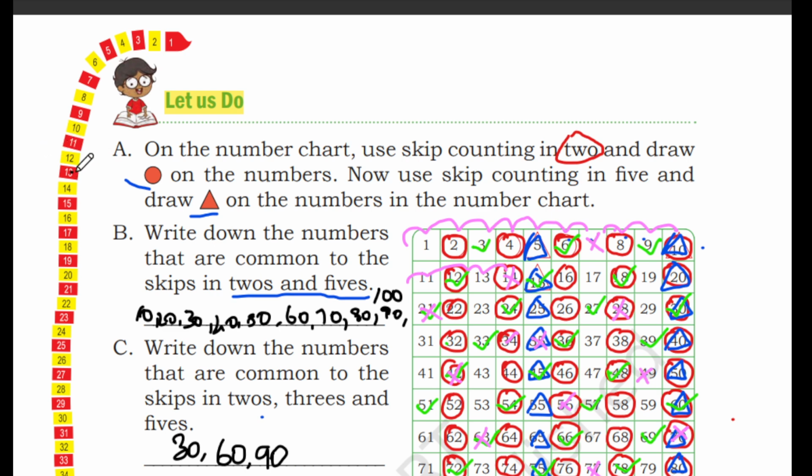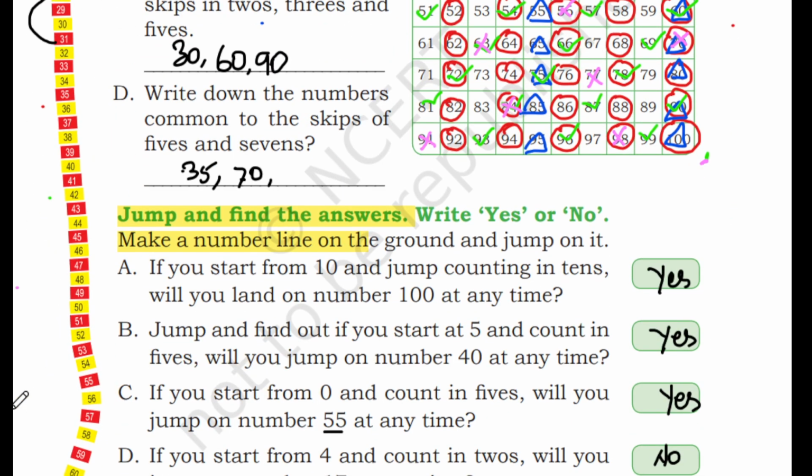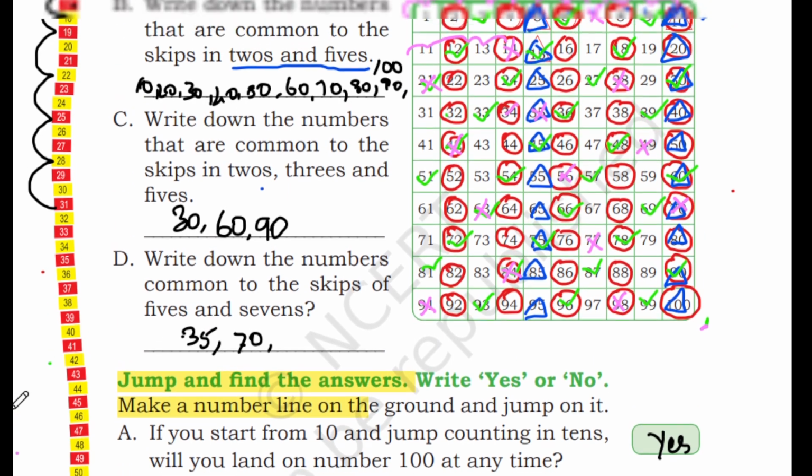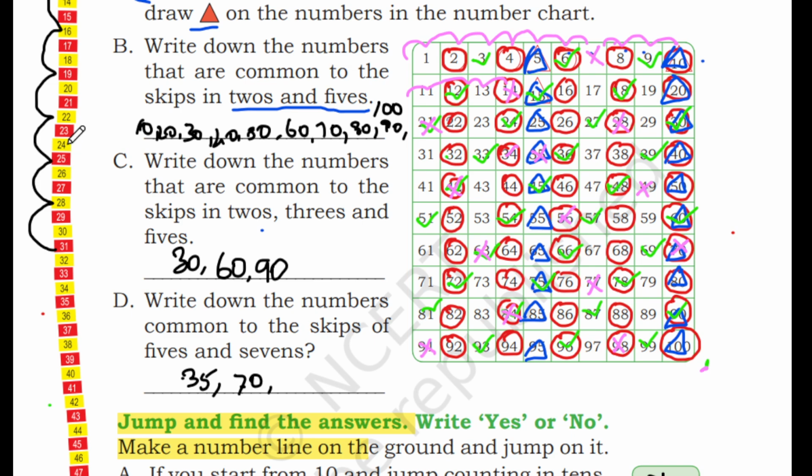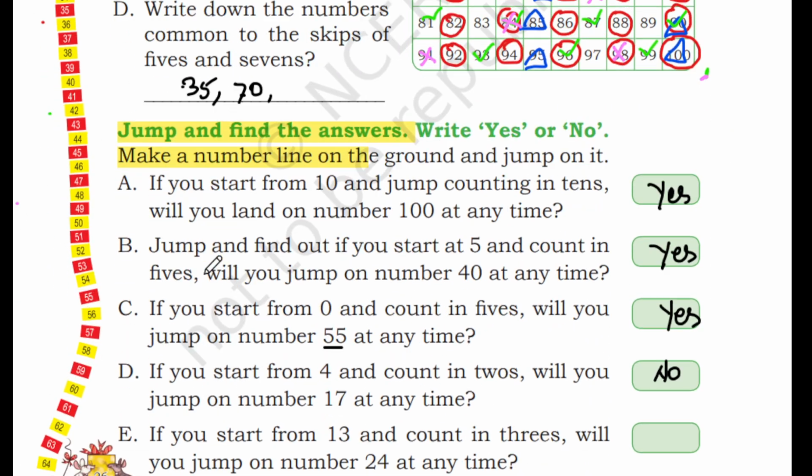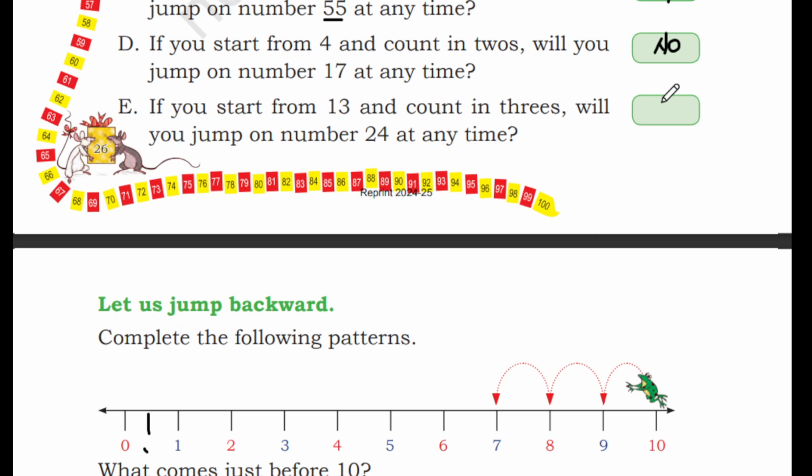So 13, 14, 15, 16, 17, 18, 19, 20, 21, 22, 23, 24, 25, 26, 27, 28, 29, 30, 31. So are we reaching the number 24 here? No, we are not reaching number 24 here. We are skipping this out. So we have to write the word no here.